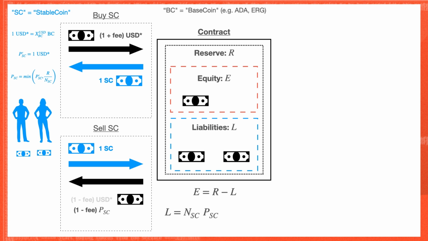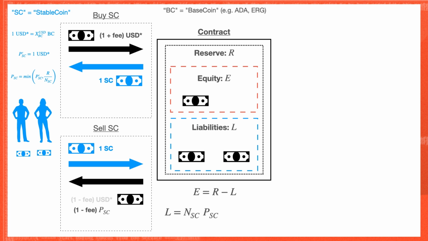Now, even though we don't have a balance sheet insolvency problem, and this means that our contract cannot go bankrupt, when the equity goes down to zero, there's still a situation that is not so nice for the stablecoin holders, right? Because they would prefer to be receiving $1 and not less than $1.